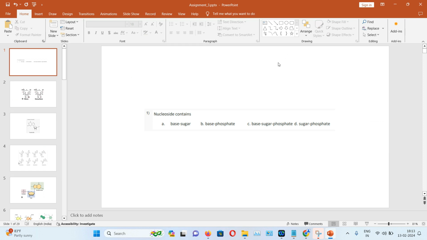I have to understand what a nucleoside is, what it contains, and how it is different from other structures. The options given are A, base and sugar; B, base and phosphate; C, base, sugar and phosphate; D, sugar and phosphate.